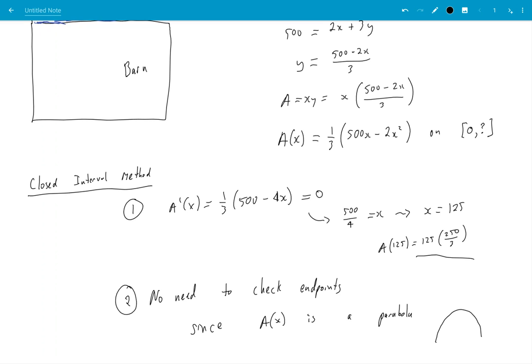So it looks something like this, right? Just by looking at A, it's a parabola, right? I got negative of the x squared term. So it's a parabola facing down. So what I've found here is the max.